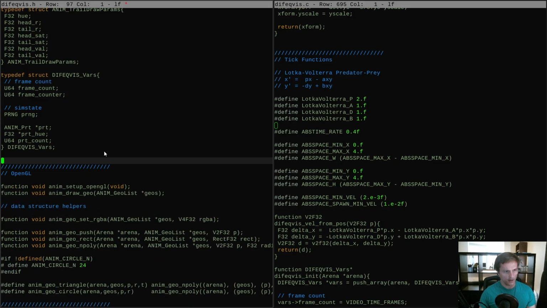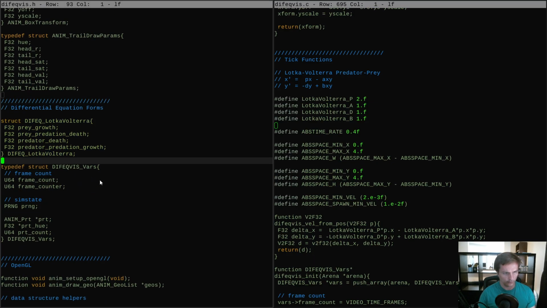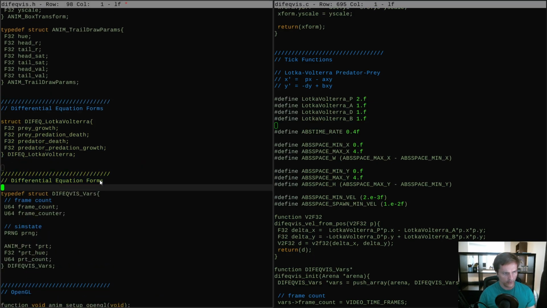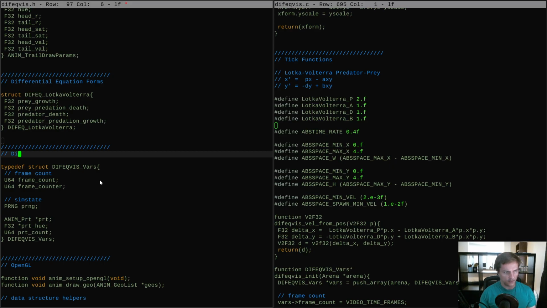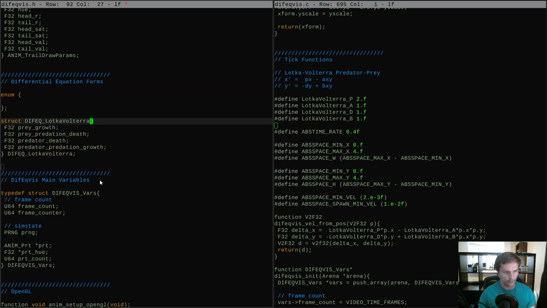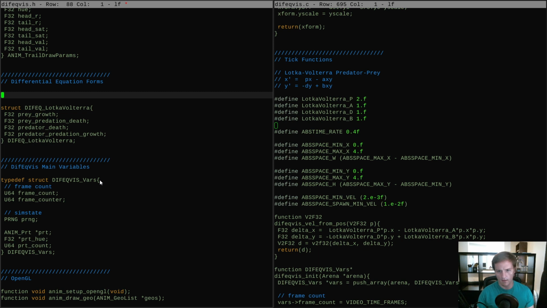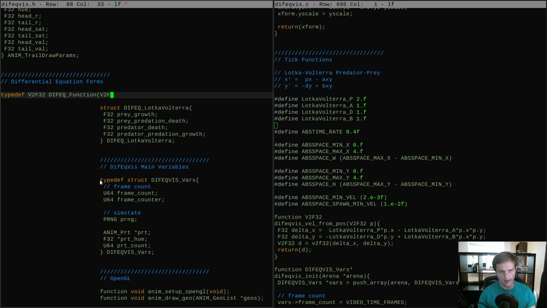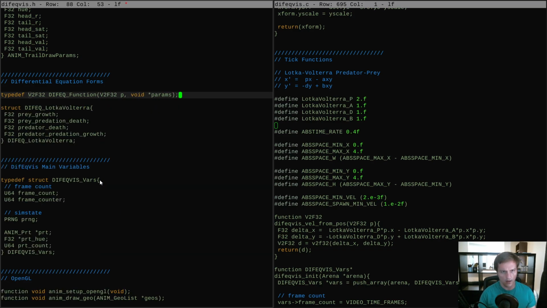What we'll do is we're going to start saying, okay, differential equation forms, diffeq_viz main variables. Make an enum. We'll make a typedef v2 f32. The diffeq function is going to take a p and params like this.